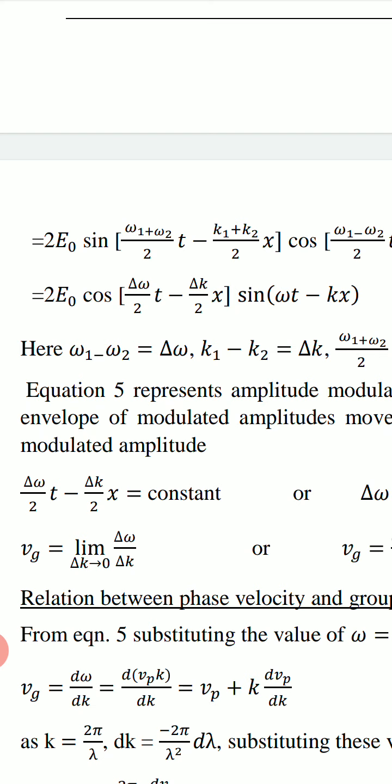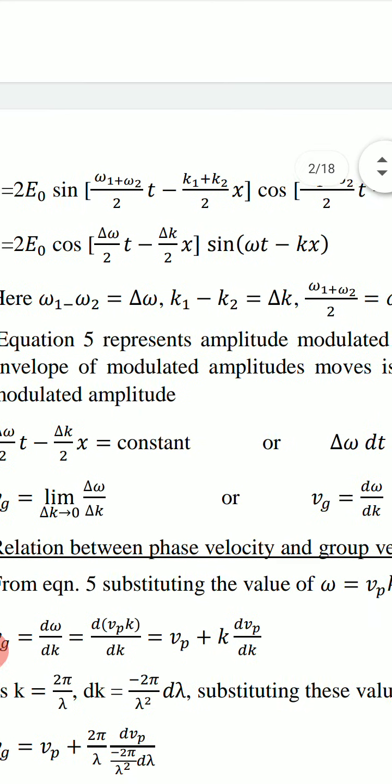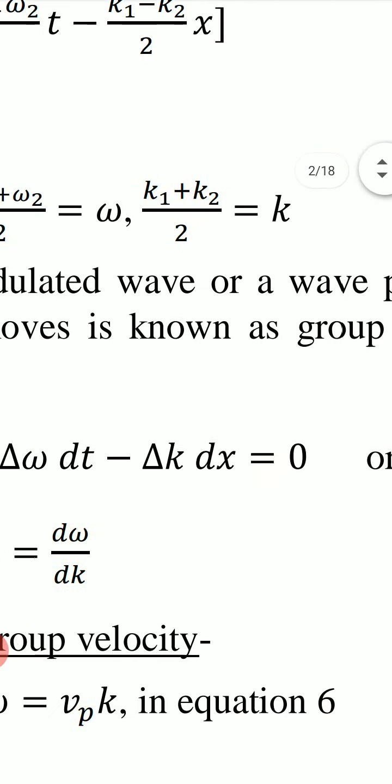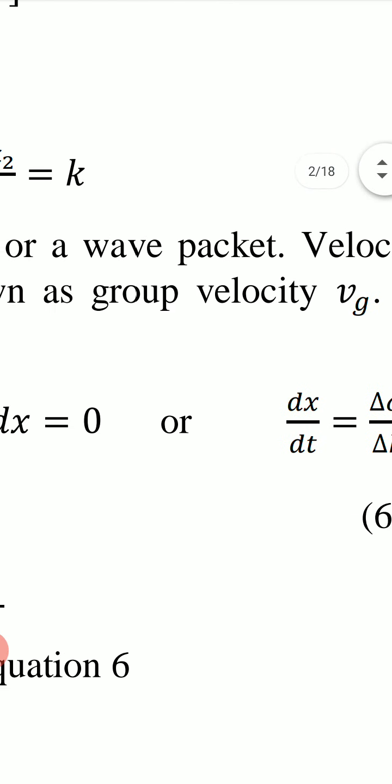So we see that this is an amplitude modulated wave. The amplitude is not constant. It depends on time t and distance x. This equation 5 represents an amplitude modulated wave or a wave packet.